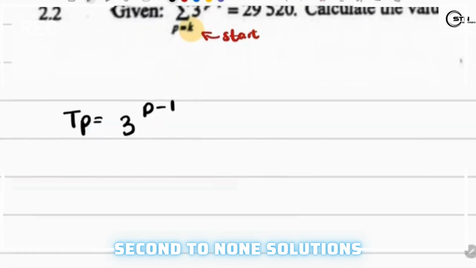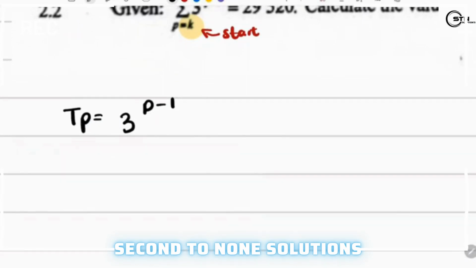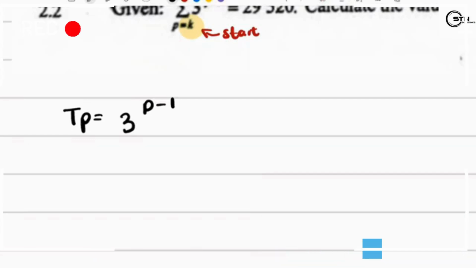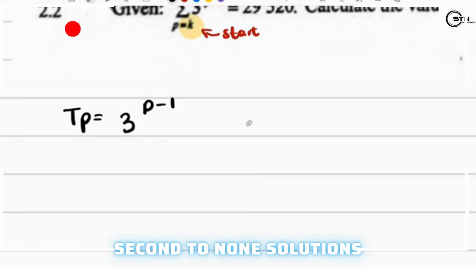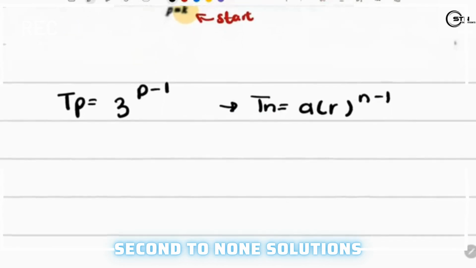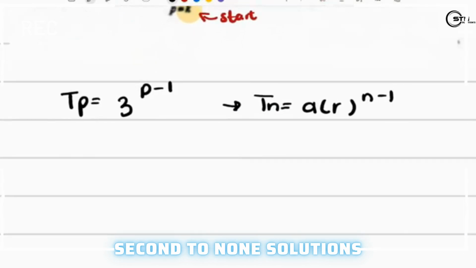So let's compare it to the general formula of a geometric series. And that formula looks like this. Tn is equal to a multiplied by r raised to the power of n minus 1. Okay, so if that is the case, let us just see. Do you see that you have p minus 1 here and n minus 1? So that's a good thing because now it means that they're really in the same format.